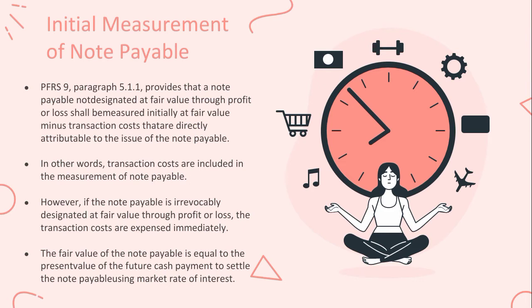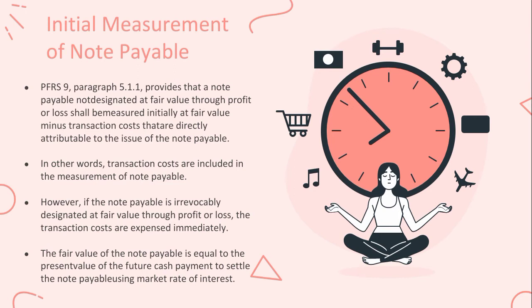Paragraph 5.1.1 provides that a note payable not designated at fair value through profit or loss shall be measured initially at fair value minus transaction costs that are directly attributable to the issue of the note payable. Please don't mind the typographical error there.